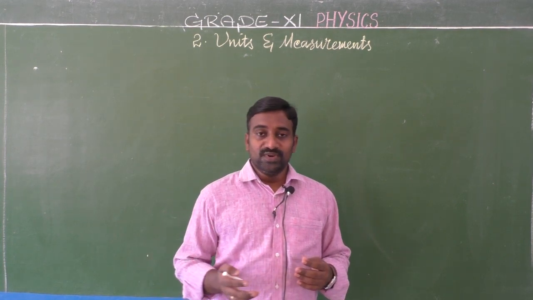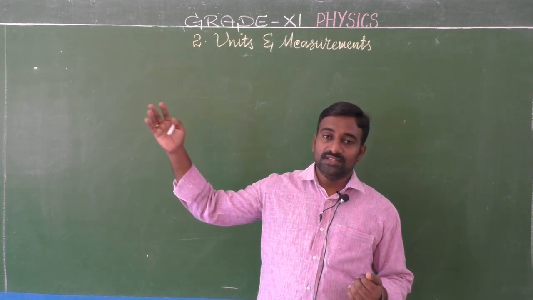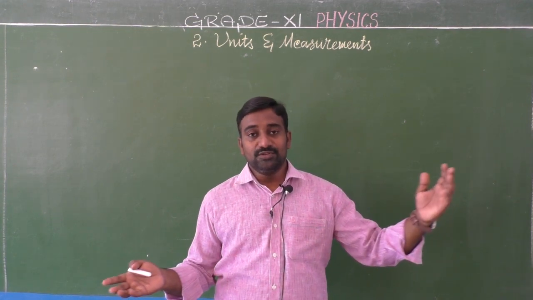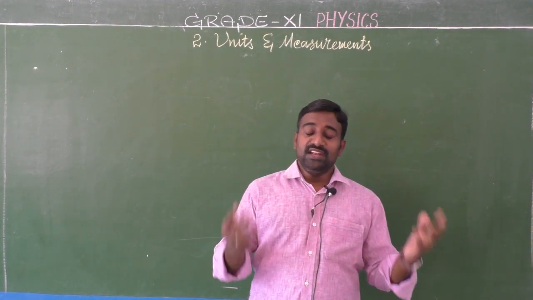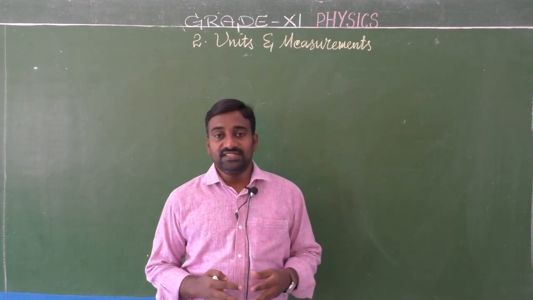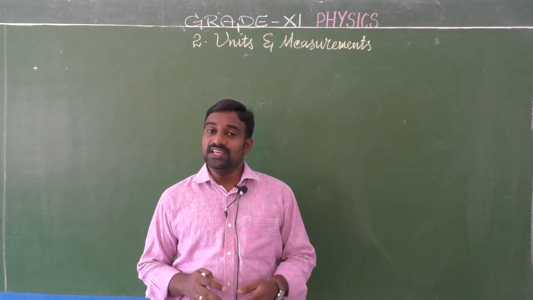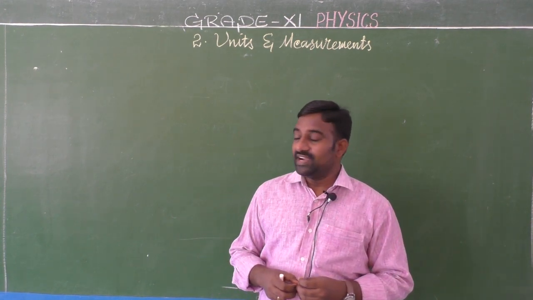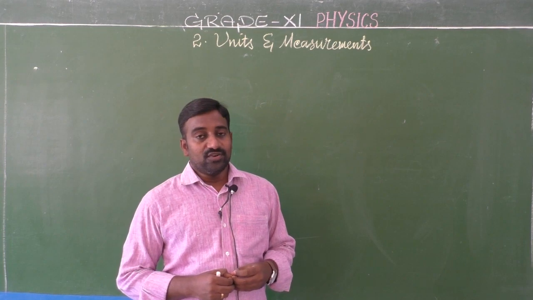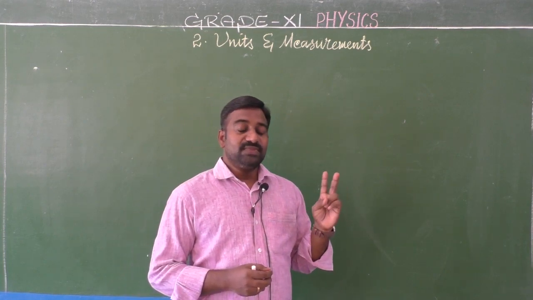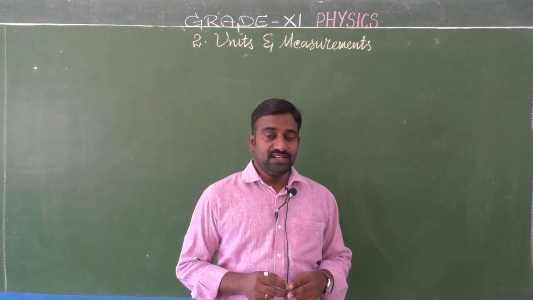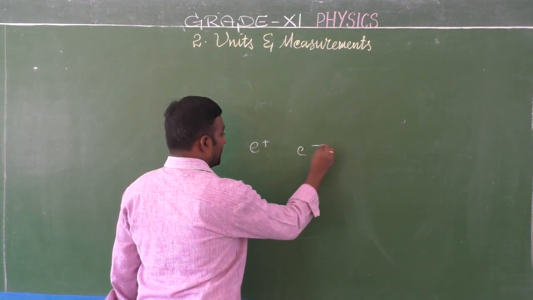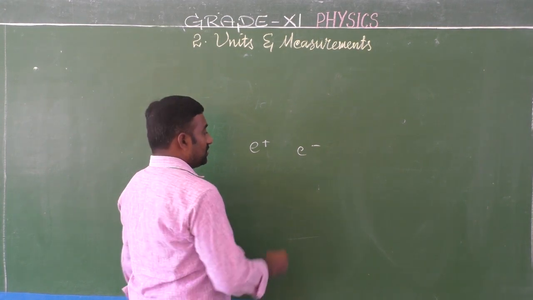Even in the universe, from the earth to the star, from our star to the neighbor star, from our galaxy to the neighbor galaxy, in the entire universe the gravitational force is there, but the nature is only attractive, and it is the weakest force. After that, we discussed the electromagnetic force, which is mainly the force between charged particles. We have two charged particles, one is a proton, another is an electron.